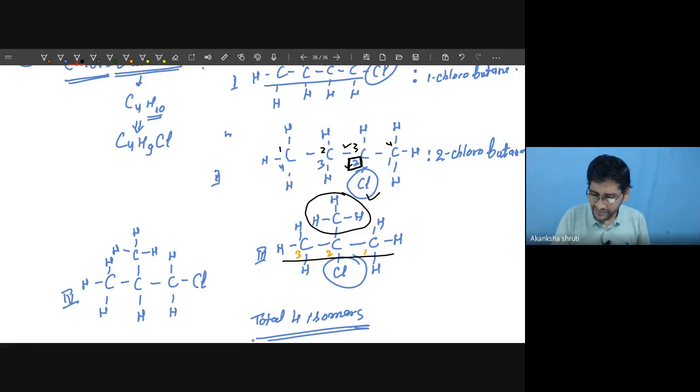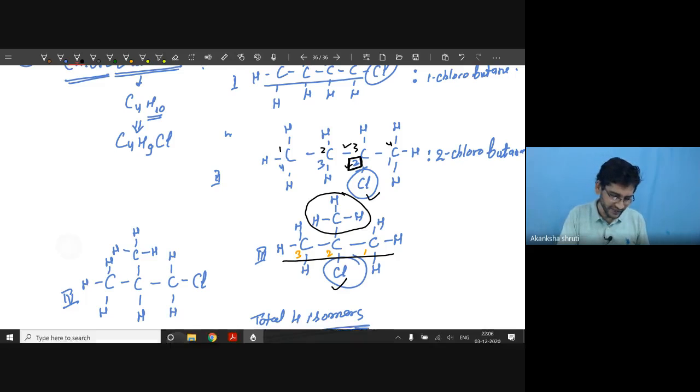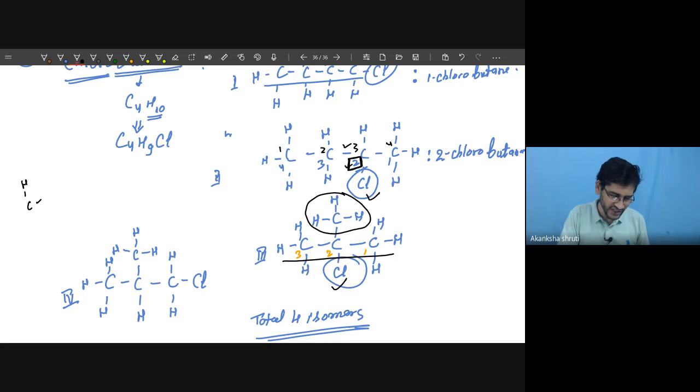So how is the name? 2 chlorine is there, and this group is called methyl, from methane. Methane is CH4. But if one of the hydrogens is removed, and it is attached with another carbon or left as it is, this much part is called methyl.